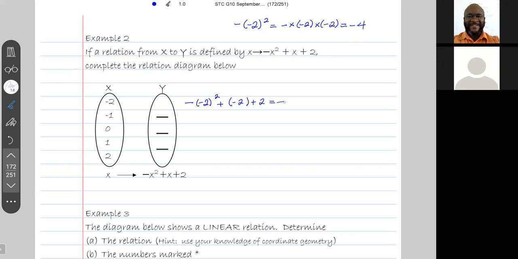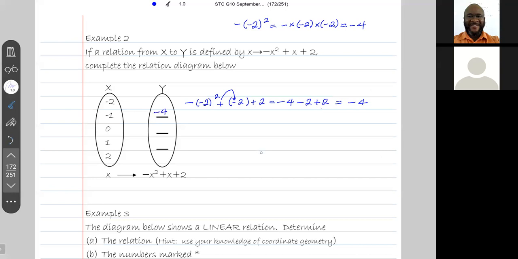Now, -2 plus 2 is 0. So that just leaves -4. So the value here is -4.